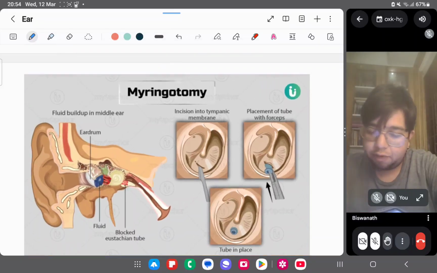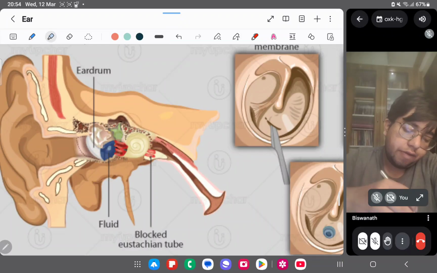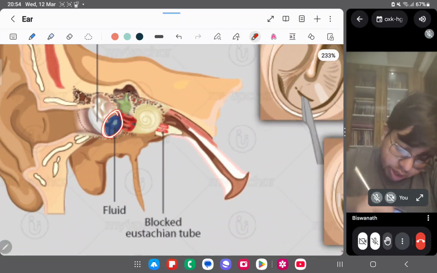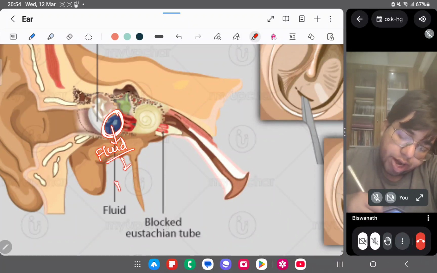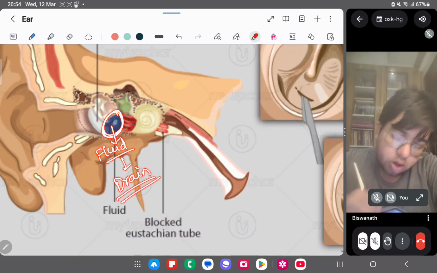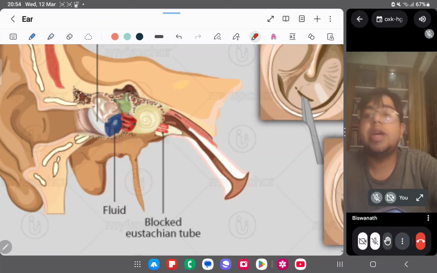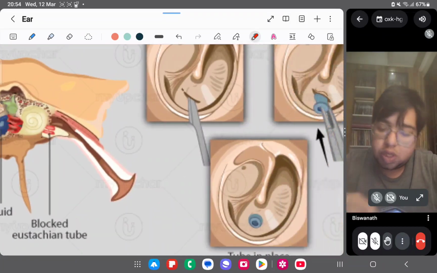If there is a fluid buildup in the middle ear, which you have to drain, then you have to incise the tympanic membrane and drain out the fluid. So for giving an incision, you have to choose the lower part.